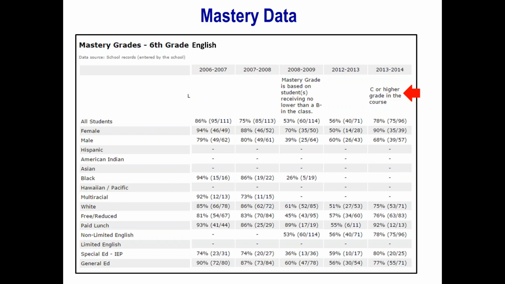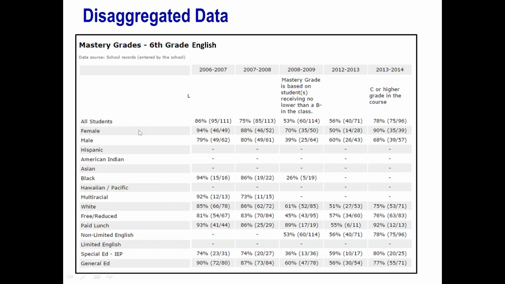So when I look at this data, I can see that in this data chart we have disaggregated. So in terms of mastery grades, I've got all students, then I've got disaggregation by gender, and then by race and ethnicity, then free and reduced paid lunch, then limited English, and then special ed.